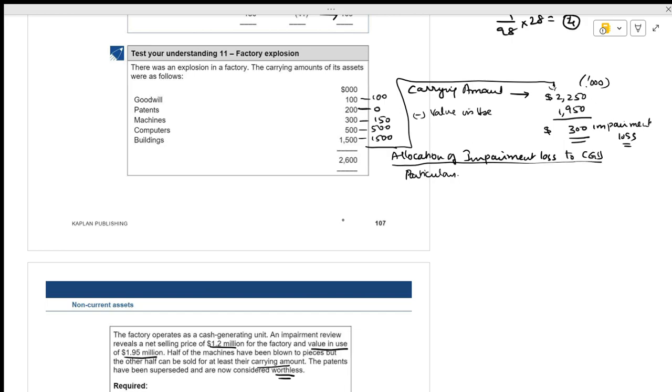How much is the impairment, and how much are the revised values? All are in thousands.